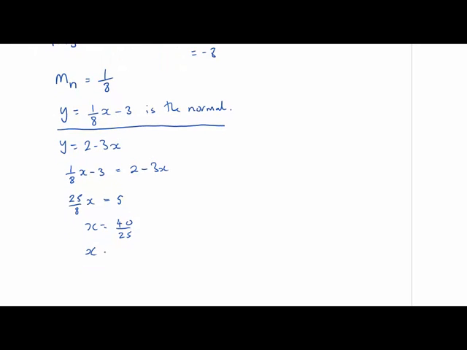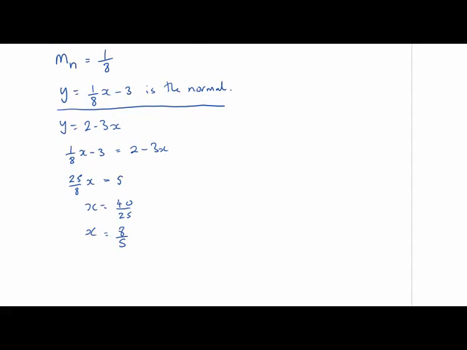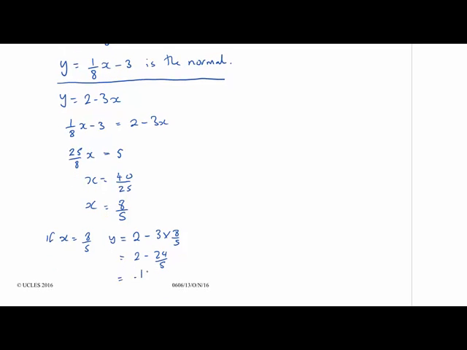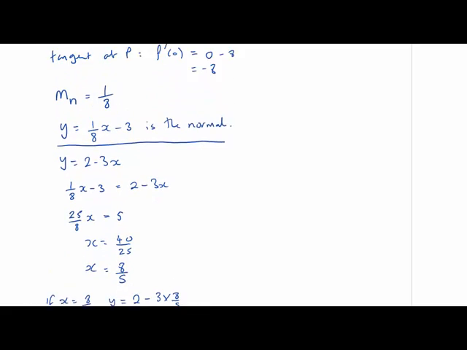Both things divide by 5, so that is actually going to be 8 over 5. So if x equals 8 over 5, y must be 2 take away 3 times 8 over 5. So that's 2 take away 24 over 5, which is negative 14 over 5.